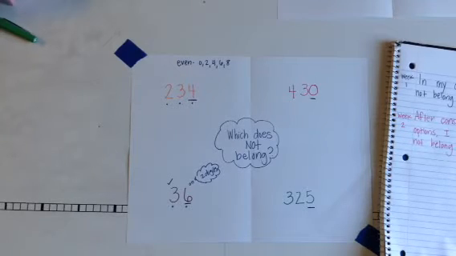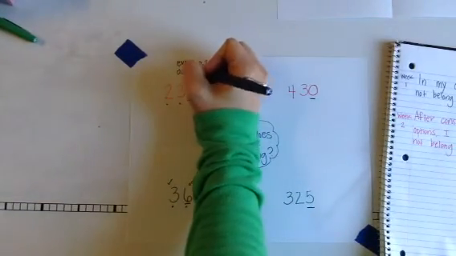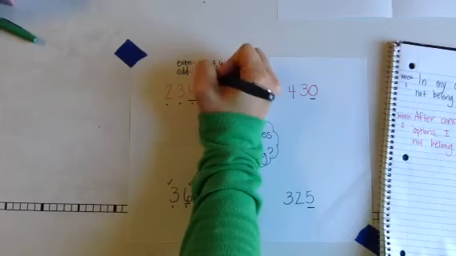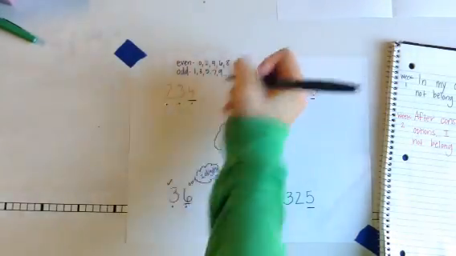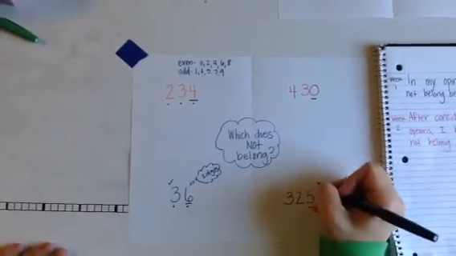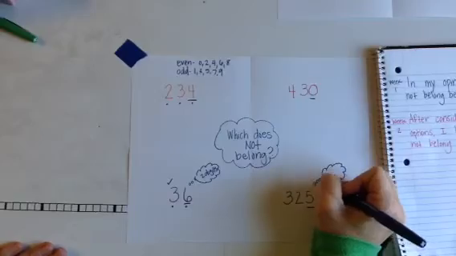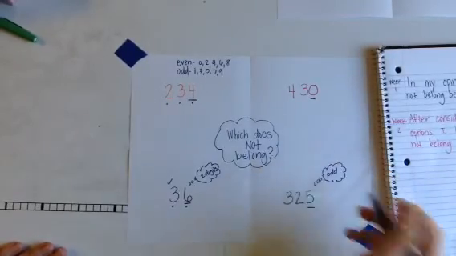Maybe you are seeing what I'm seeing. I can see that this number in the ones place, this digit 5, is not even. If it's not even, I know that that number is odd. 1, 3, 5, 7, and 9 are all odd numbers. So I know that this number is odd, while all of the other numbers are even.